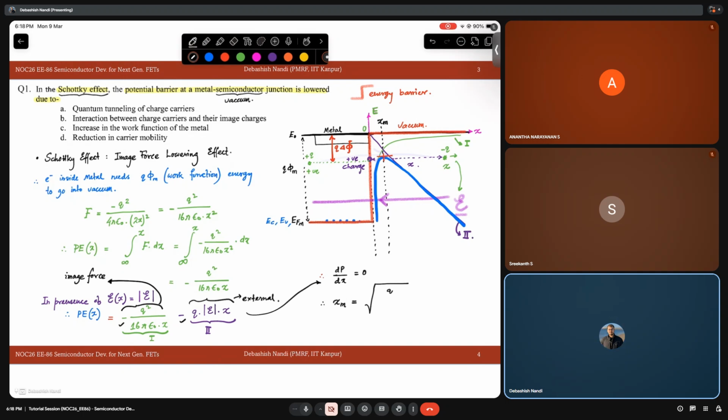square root of q over 16 pi epsilon 0 modulus E, where E is the external electric field. Fine. And how can I calculate delta phi?